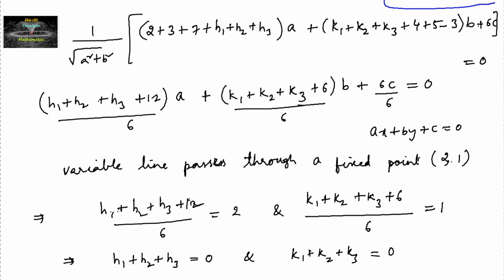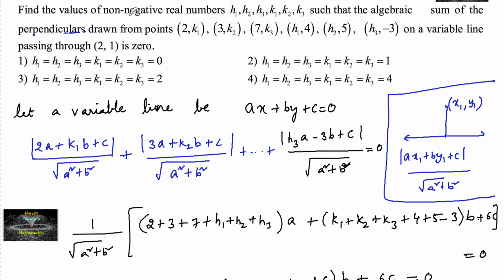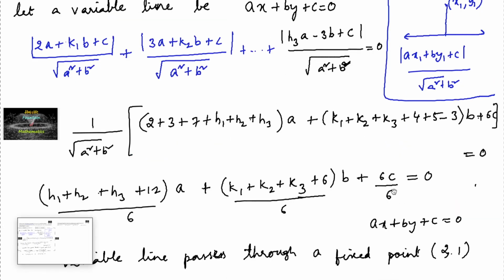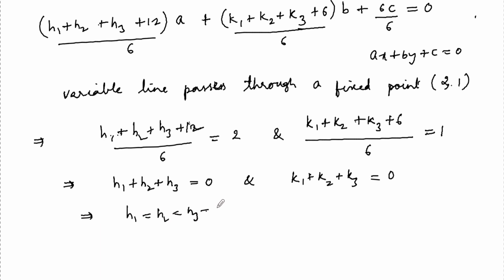and h1, h2, h3 are non-negative, since it is given that they are non-negative real numbers. So we can say that since the sum of three non-negative real numbers is 0, which implies h1 is equal to h2 is equal to h3 must be equal to 0, and similarly k1 equal to k2 is equal to k3 must be equal to 0, since they are non-negative real numbers.